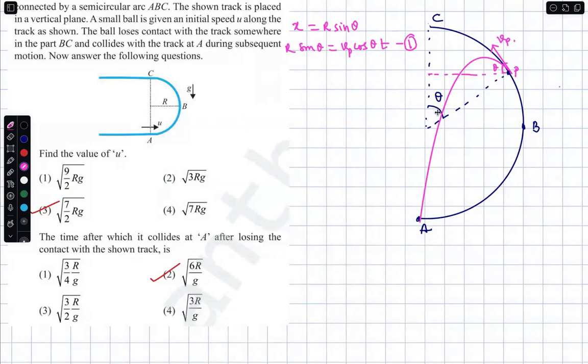Now, this is a projectile I got. You have given initial speed.